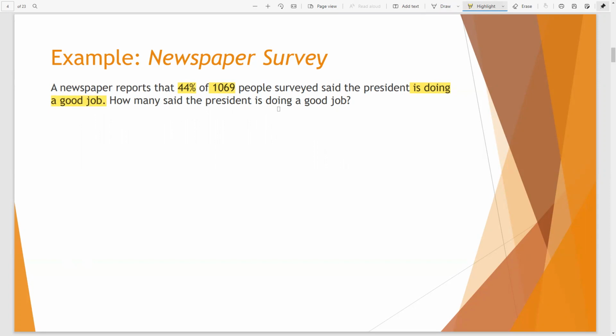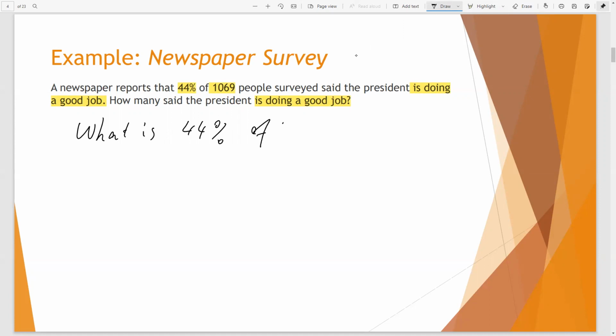And it asks how many say the president is doing a good job, right? So the category provided and the one they ask about are the same thing. Be careful of the question. Sometimes maybe they ask the opposite category. So be careful.